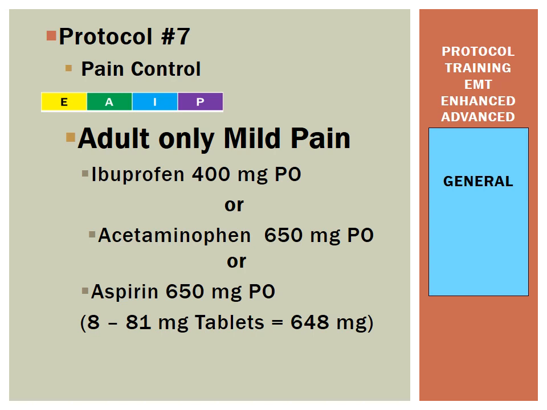So again, adult only for mild pain. The dose of ibuprofen is 400 milligrams PO, or acetaminophen 650 milligrams PO, or aspirin 650 milligrams PO. And of course, to give 650 milligrams of aspirin, that is two 81 milligram tablets, which actually equals 648 milligrams.